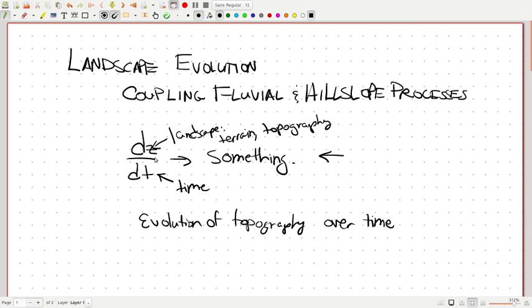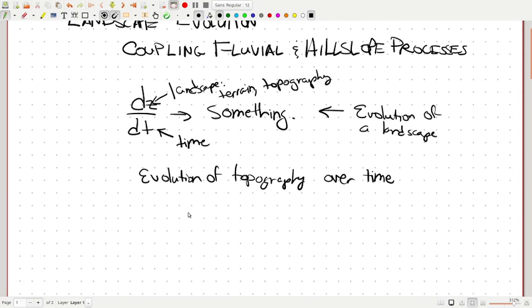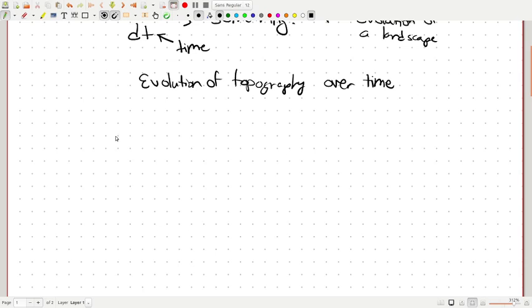So dZ/dt is going to be something, and this is going to describe the evolution of a landscape. So let's think about this. We have a couple rules, and we talked early on in the semester about the evolution of a hill slope.